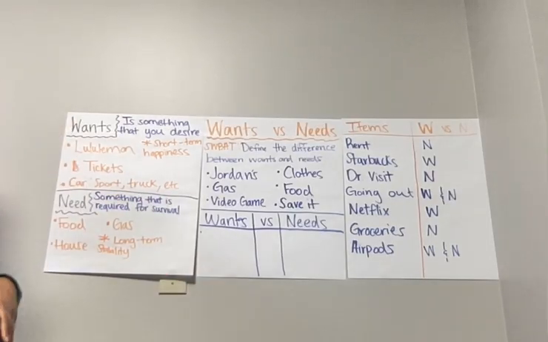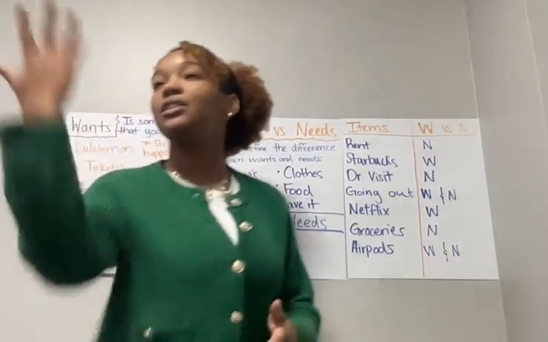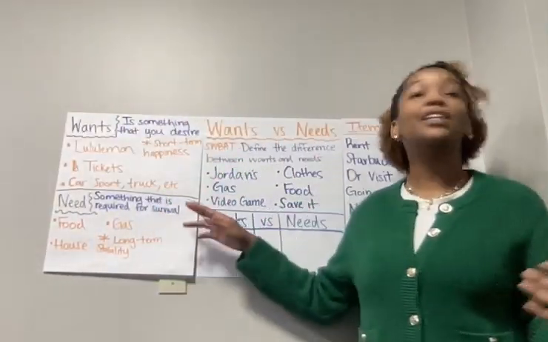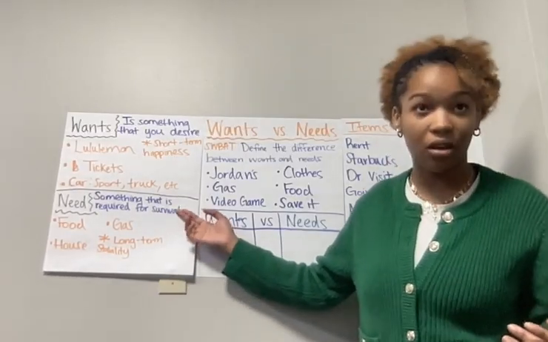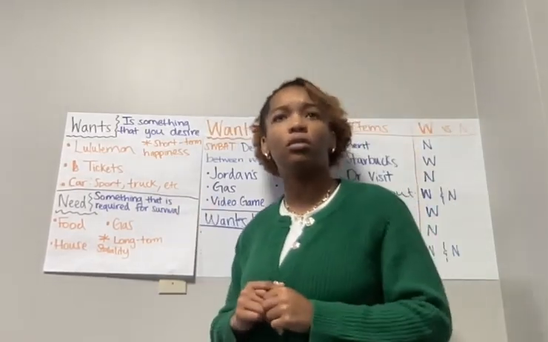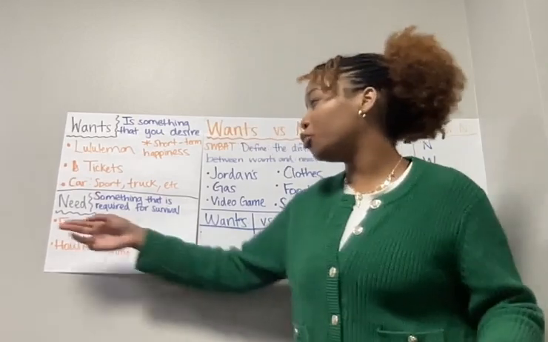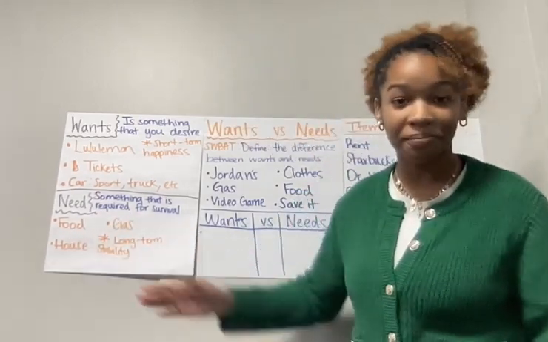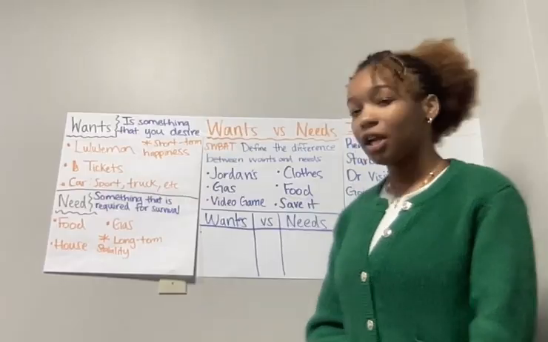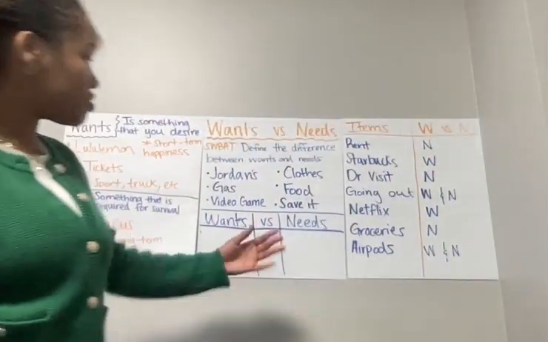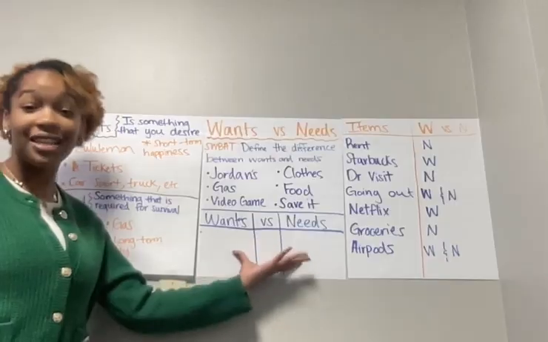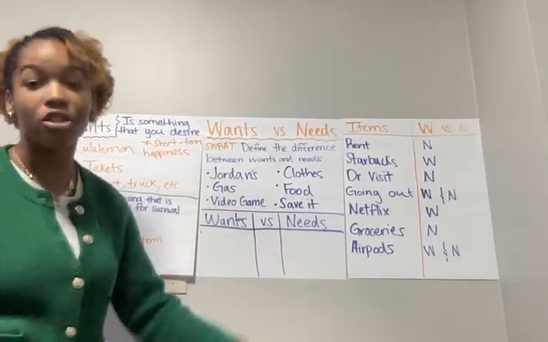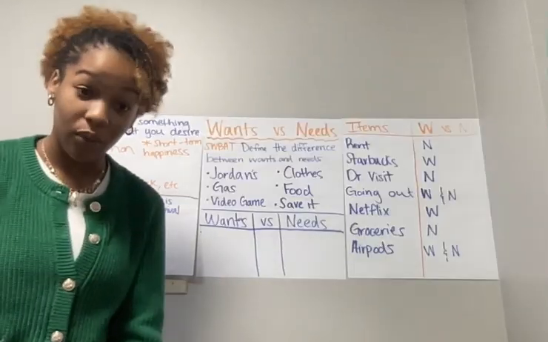But we need to dive into a need. Team B, let's talk about it. Needs. Something that is required for your survival. Yes, food, gas, housing, long-term stability. Being able to tell yourself and put these things that are in your life into their own separate categories will save you.